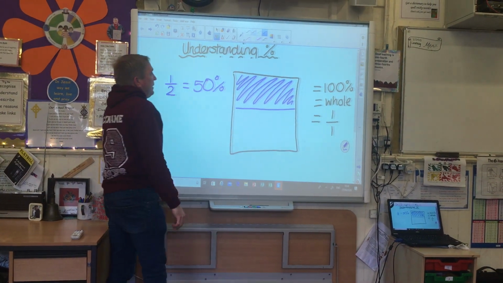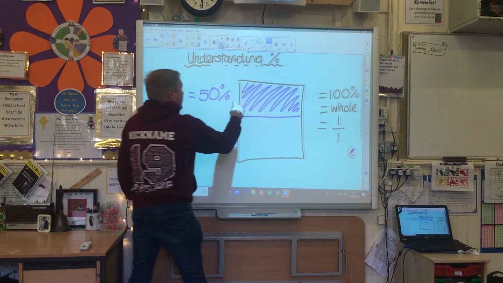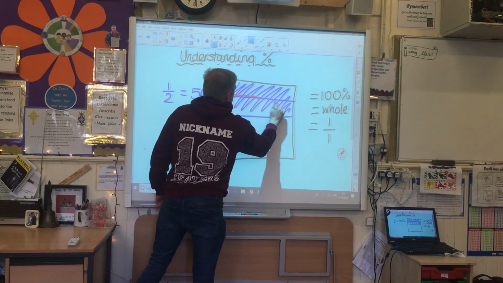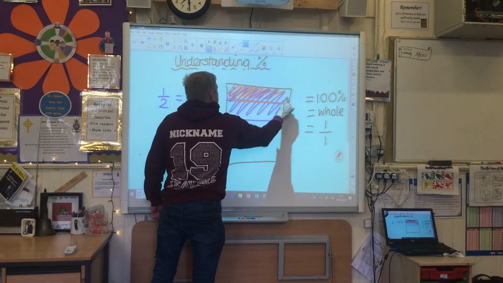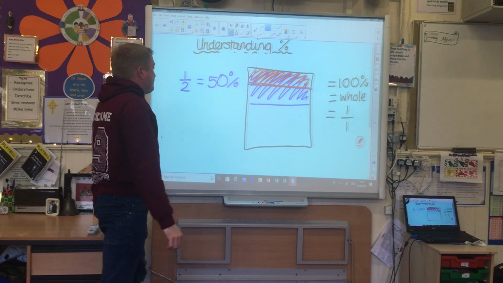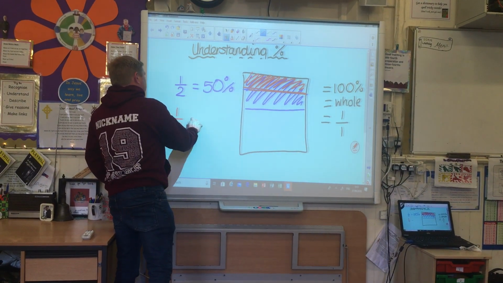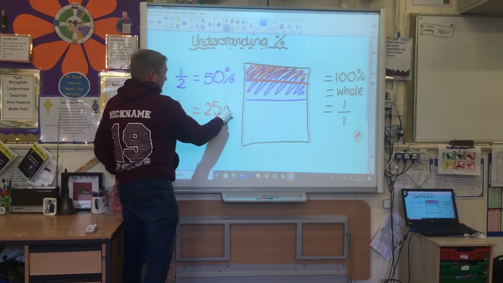There are a couple more really easy ones to remember. If I take half of 50%, which would be that segment there, that would be a quarter. Half of 50, 25.